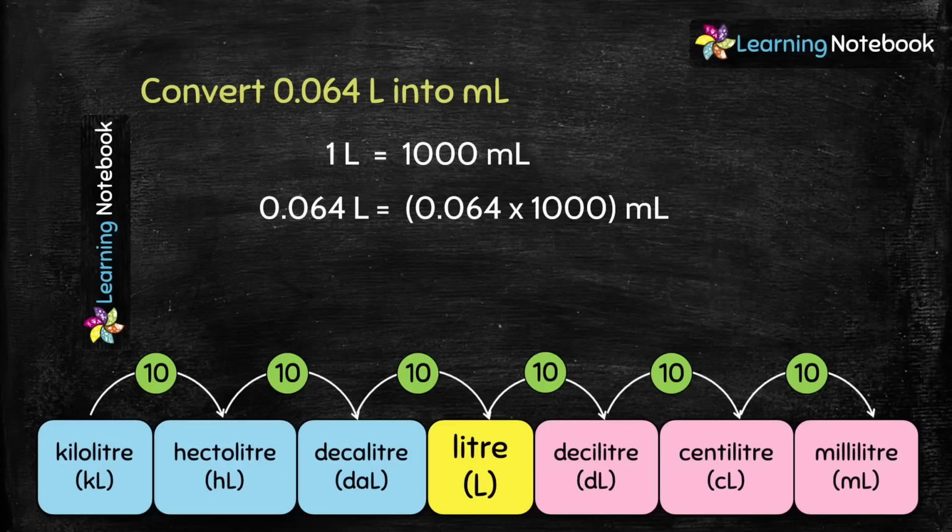Now here we are multiplying a decimal number by 1000, and we know on multiplication by 1000, the decimal point moves to the right by 3 places. So the answer is 64 milliliters.